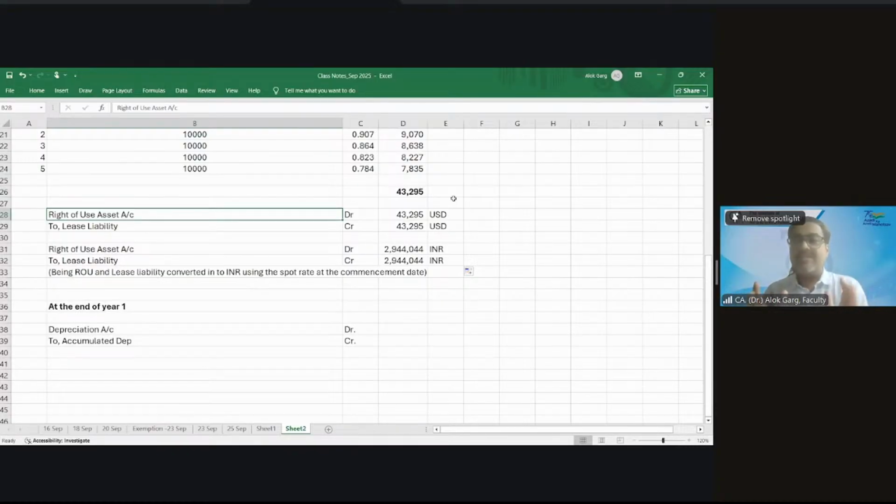Means once you have recorded your non-monetary item into your functional currency, which means into a local currency, then you are not required to restate your non-monetary item. For example, if you have purchased a PPE, property, plant and equipment.